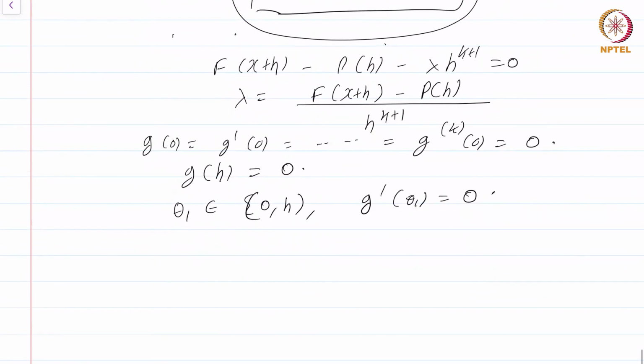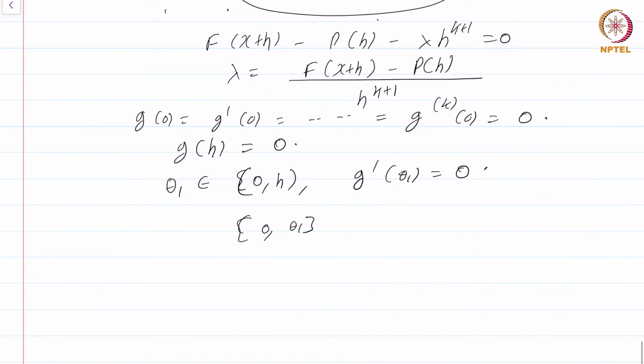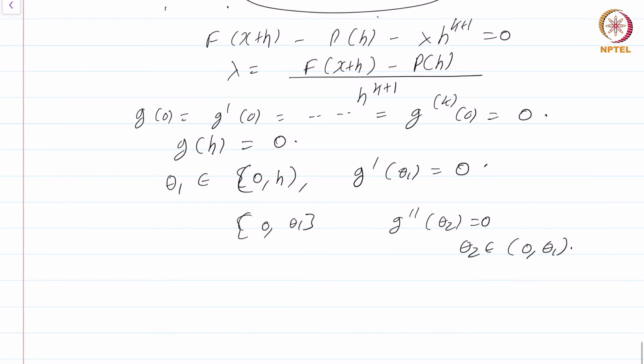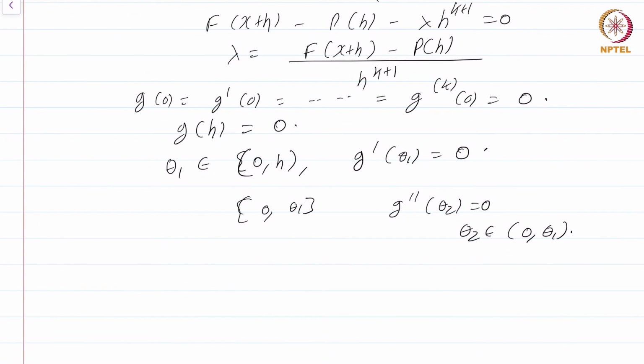Similarly, applying Rolle's theorem again to 0 theta 1, we will be able to conclude that g double prime of theta 2 is 0, where theta 2 comes from 0 theta 1. When you apply this repeatedly, we will get a point theta k, somewhere in 0h, such that g k of theta k is 0, right?